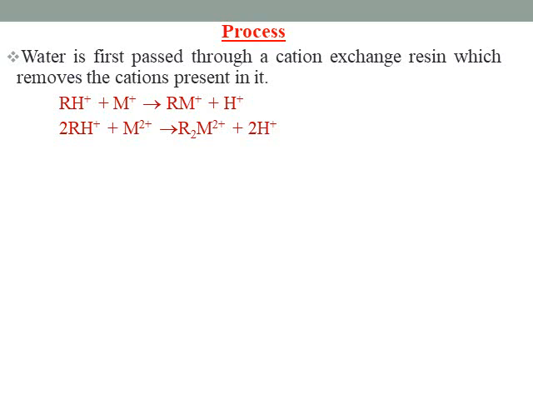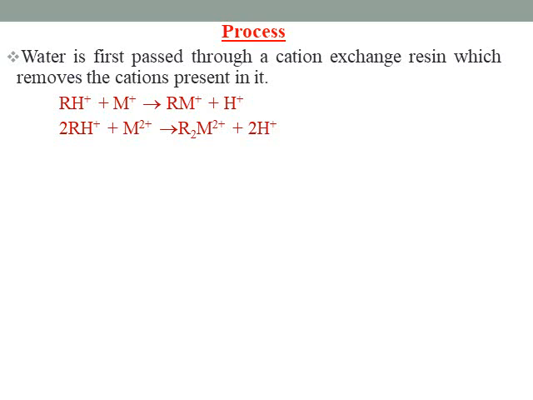It will form RM, and H plus is released into the solution. If it is a divalent cation, M2 plus will react with 2 moles of RH and give rise to R2M, releasing 2 moles of H plus into the solution.